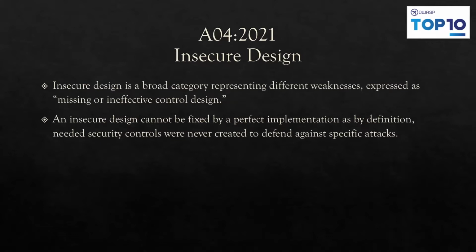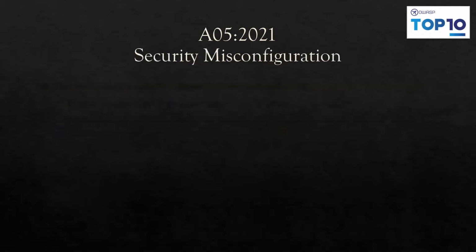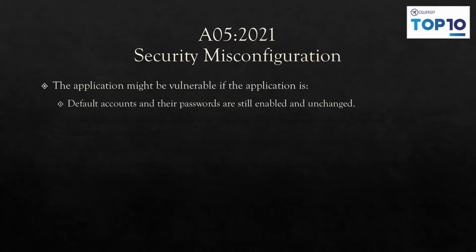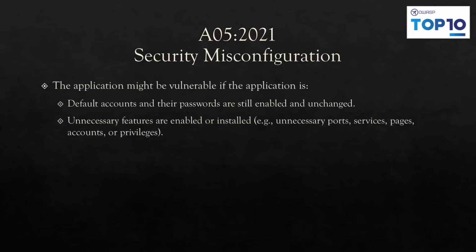The OWASP Top 10 is good to check your app for, but really you want to use the OWASP ASVS. Number 5, security misconfiguration. An application might be vulnerable if default accounts and their passwords are still enabled and unchanged. That's terribly common.